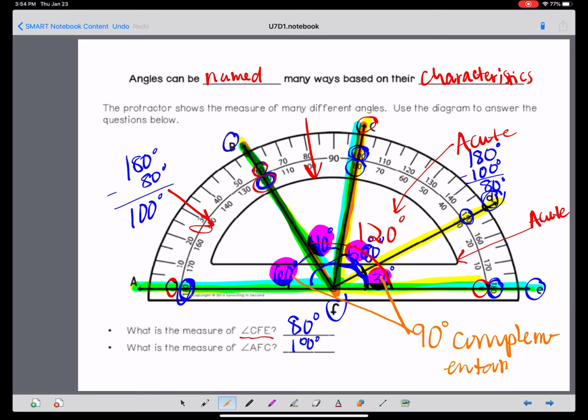Complementary. That's a complementary angle. So you could write down for complementary, angle AFB and angle DFE. Those make complementary angles.